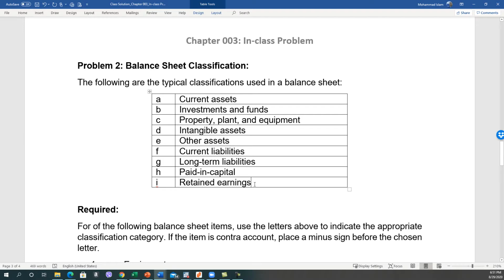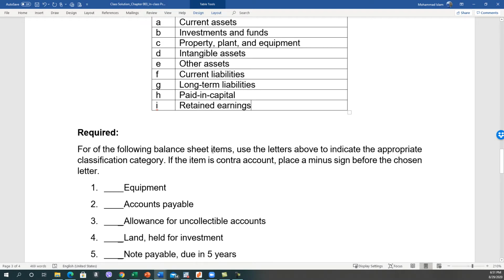I, retained earnings. So for the following balance sheet items, use the letters above to indicate the appropriate classification category. If the item is a contra account, please use a minus sign. For example, depreciation, then allowance for uncollectible accounts.